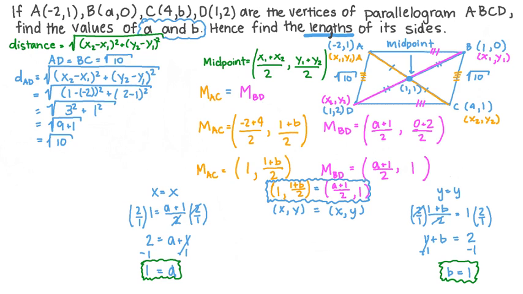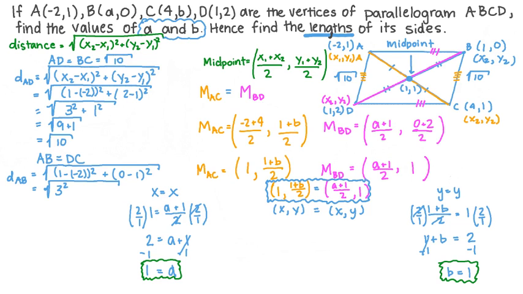We're almost finished, but we still have 2 remaining side lengths to measure. Side length AB is equal to side length DC. We'll find the length of AB and apply that to DC. Vertex A can be our x1, y1, and vertex B will be x2, y2. x2 minus x1, 1 minus negative 2 squared. y2 minus y1, 0 minus 1 squared. 1 minus negative 2 equals 3.